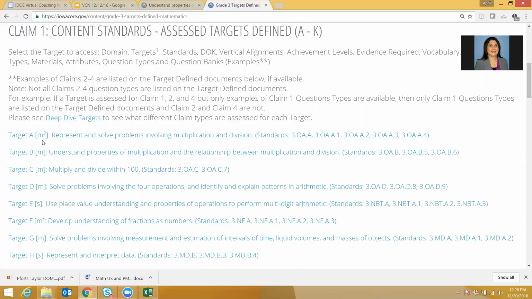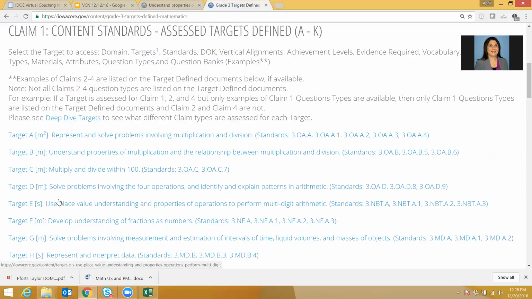Now, you might be wondering, what is this M squared? It's really not M squared. It's just the 2 goes down to the bottom of the page, and it tells you what that is. And what's this S? For those districts that have worked with the Achieve the Core, these pages, what Smarter Balanced did, is also aligned to PARCC and also aligned to the Achieve the Core.